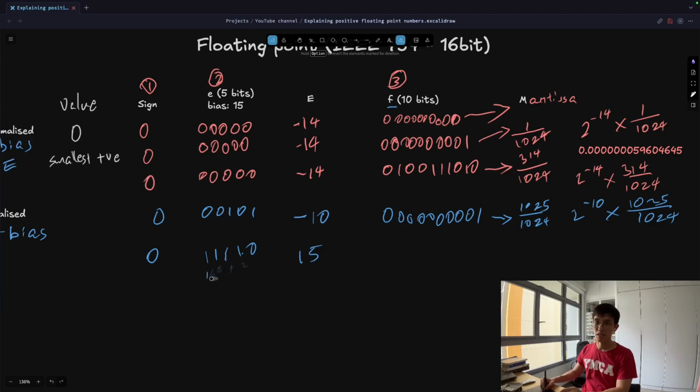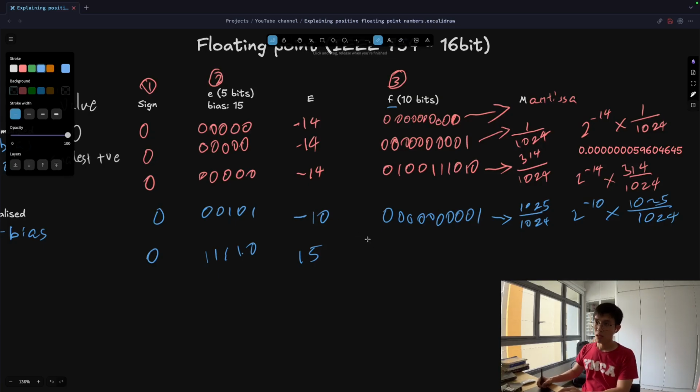That's very big, 2 to the power of 15. Might be able to calculate it. And let's use F of, let's just say all zeros, why not?